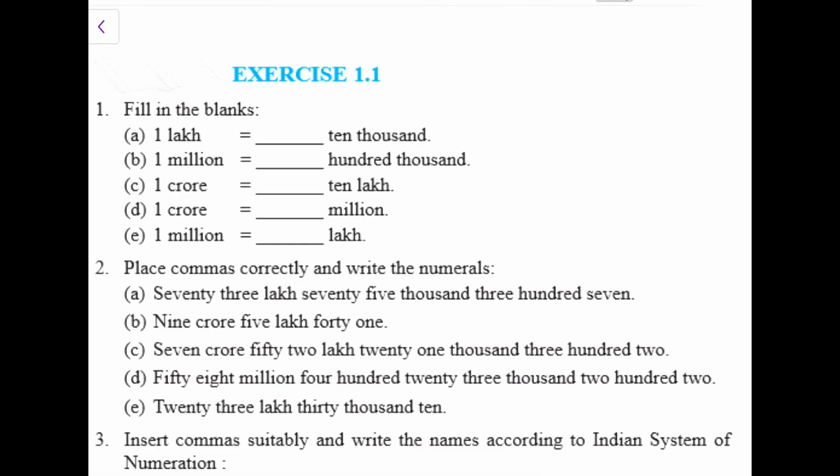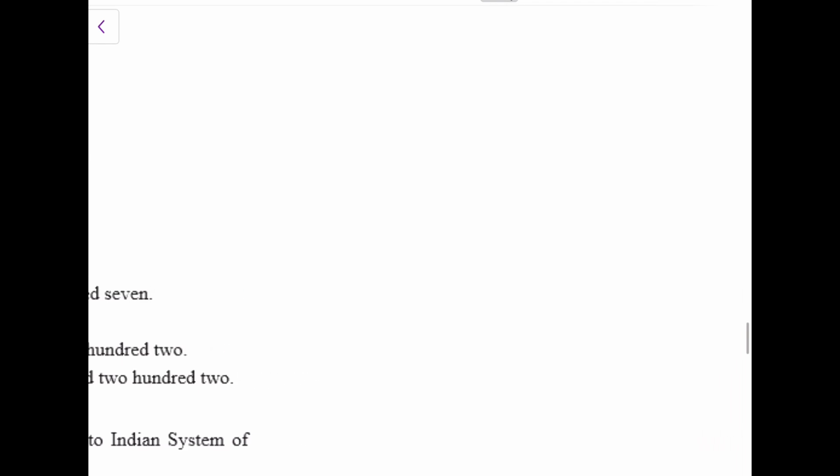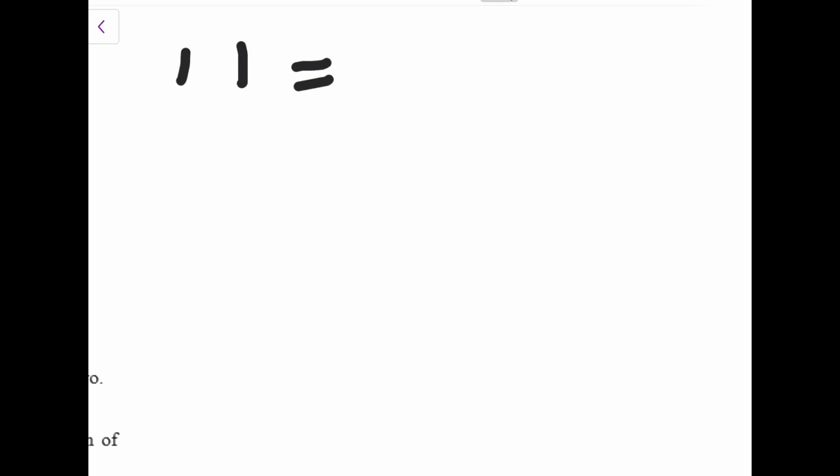Let's do an example from exercise 1.1, from the first fill in the blanks. Let's take the first question. A. 1 lakh is equal to dash 10,000. How to solve it? You have to write this first. 1 lakh is equal to dash, 10,000 is given in the question.